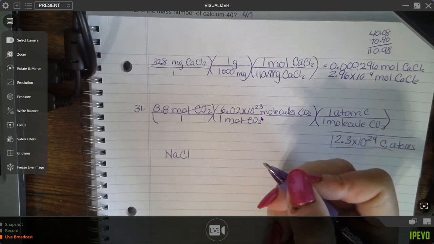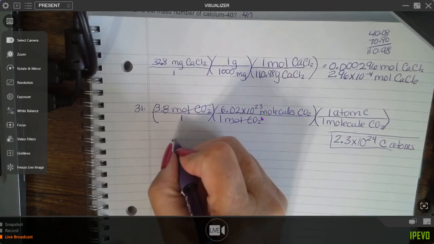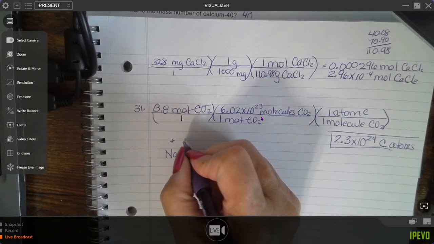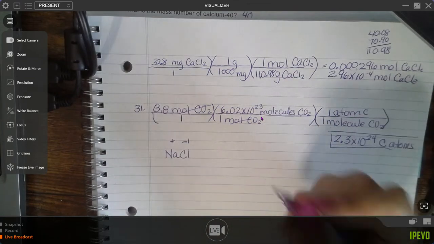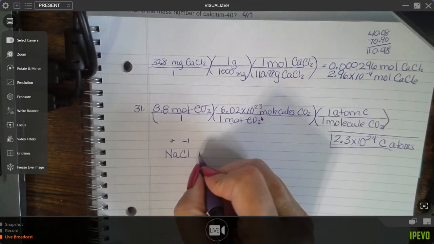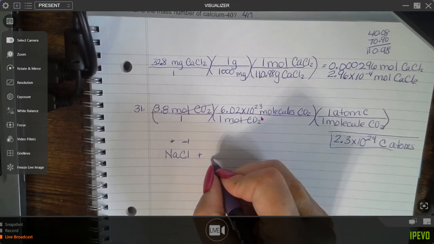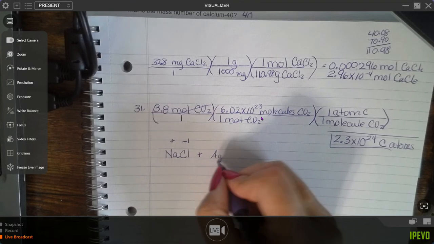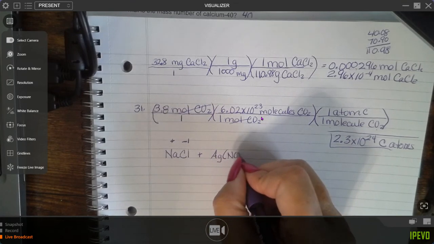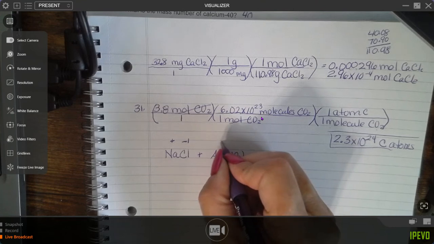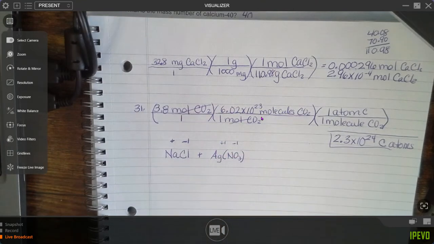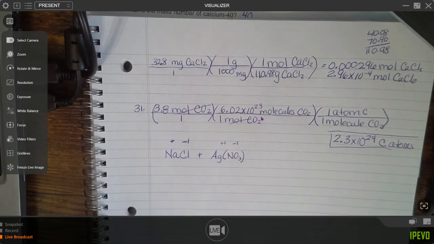In order to write the formulas, we have to look at the charges. Sodium forms +1 ions, chlorine -1, so that's just NaCl. The other compound is silver and nitrate, NO3. Silver's +1, nitrate's -1, so this is really handy. We don't need any subscripts.